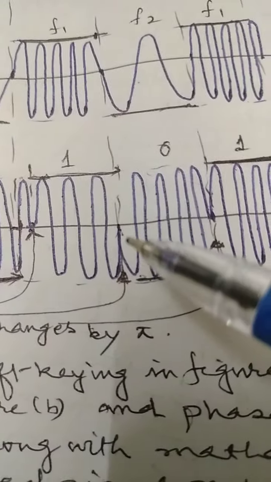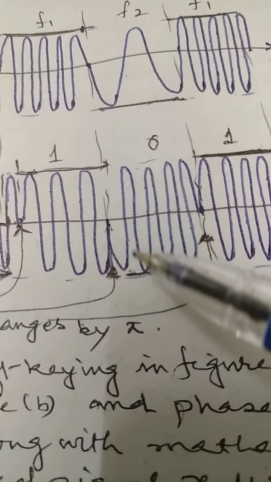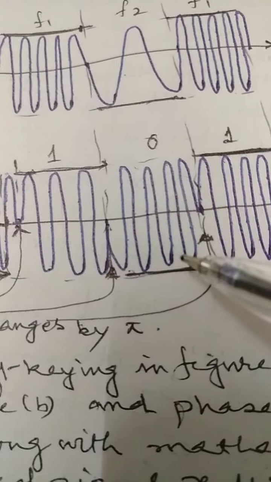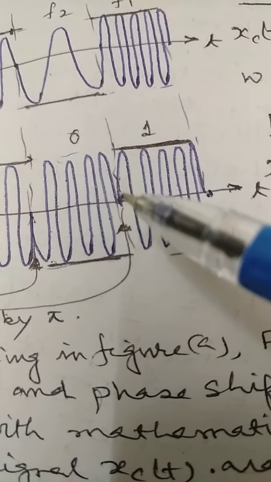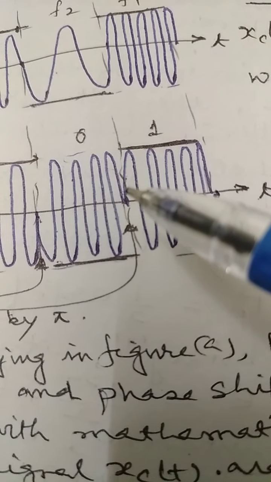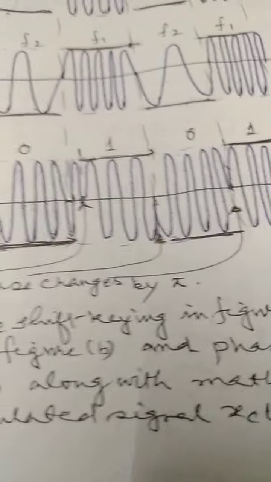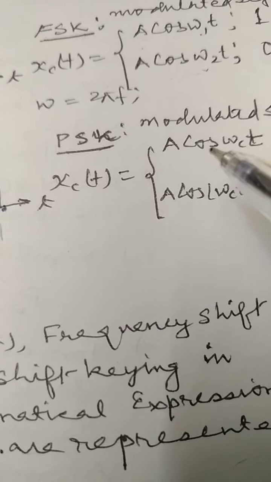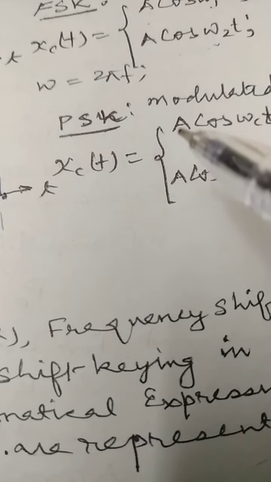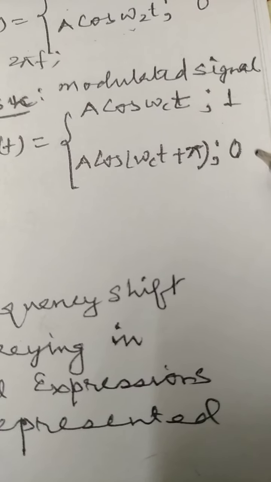Again for logic 0 we are taking a 180 degree shifted signal. Then again the 0 degree phase shift starts from here. So logic 1 is represented by some signal, and if we shift it by 180 degree, then that is logic 0.